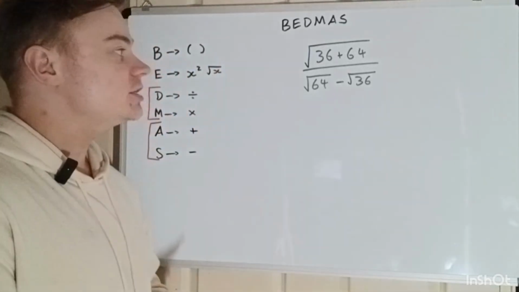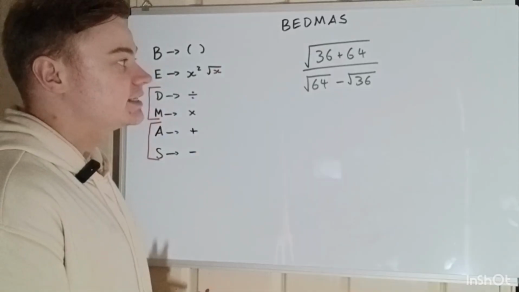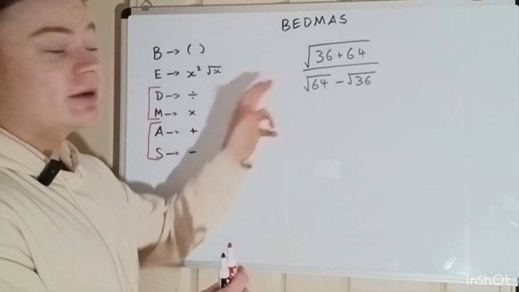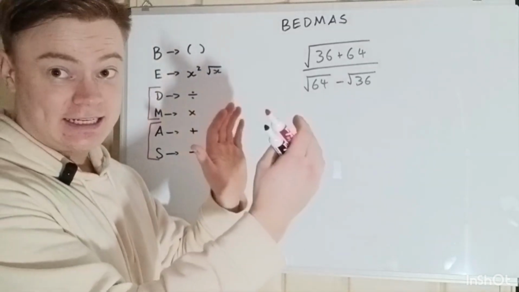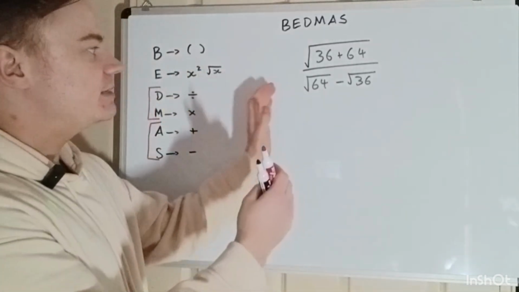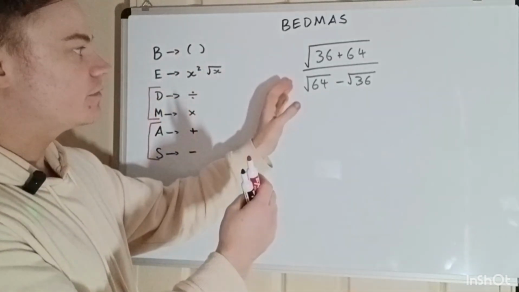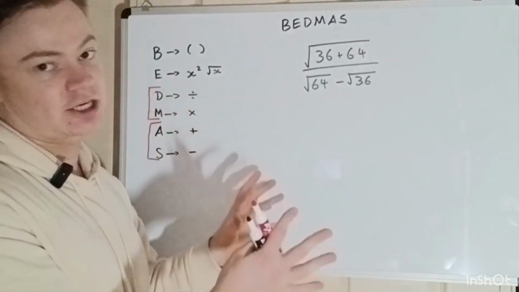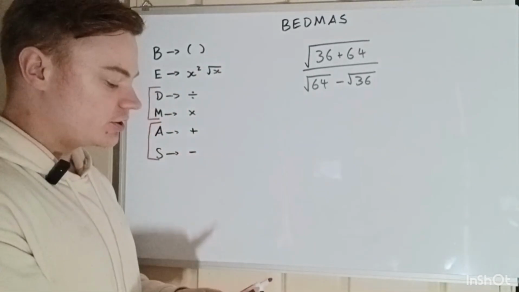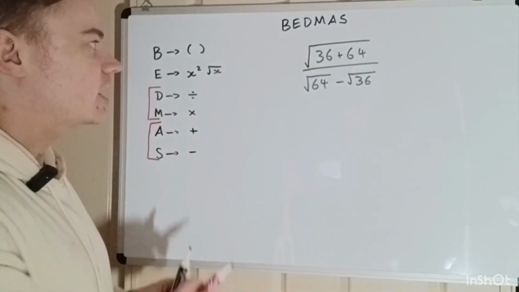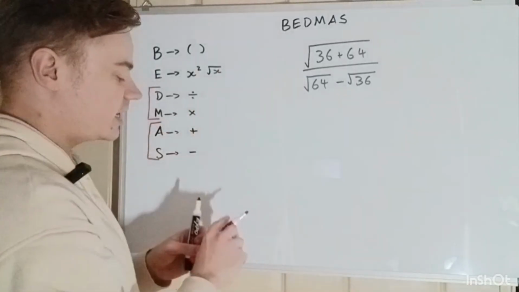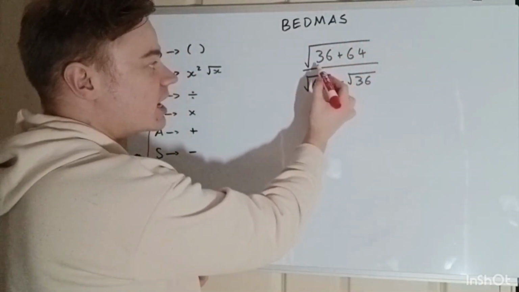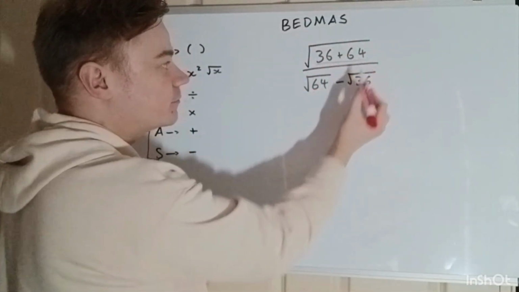Okay, so for the final question, we have a big fraction. Now, what I do with these big fractions is I treat the numerator and denominator as if they're in parentheses or brackets. So I simplify the numerator and then simplify the denominator as much as possible and then just do the fraction. Okay? So that's exactly what we're going to do. We're going to try and simplify the numerator and denominator. Now, we have in the square root sign 36 plus 64.